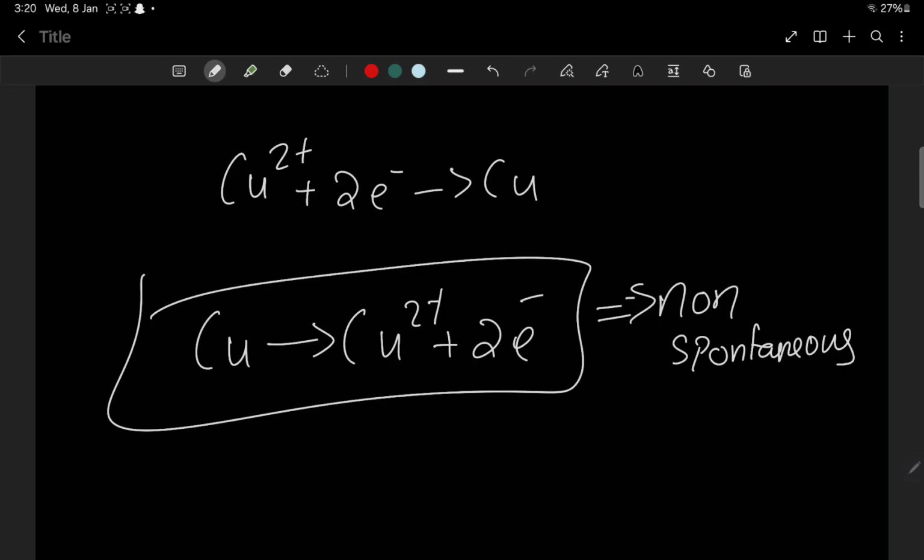But this reaction is made spontaneous by passing electricity through the copper. That's why we say non-spontaneous reactions are made to happen by electricity.